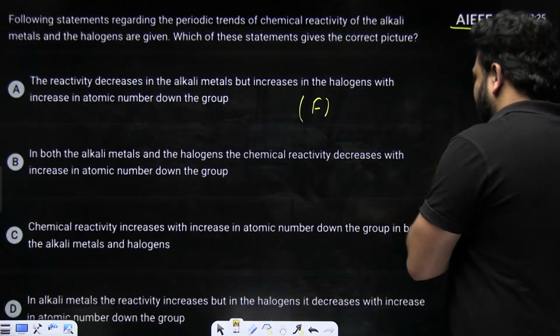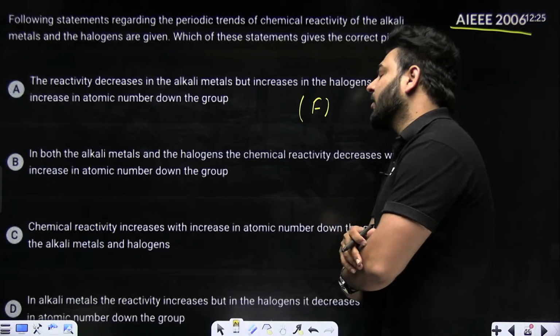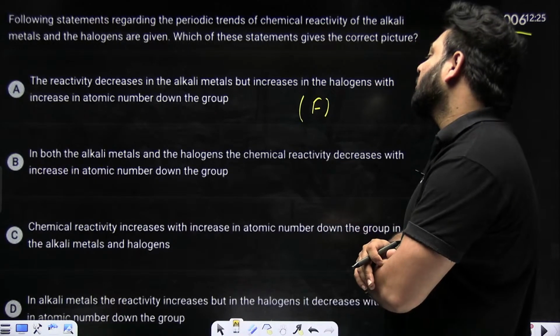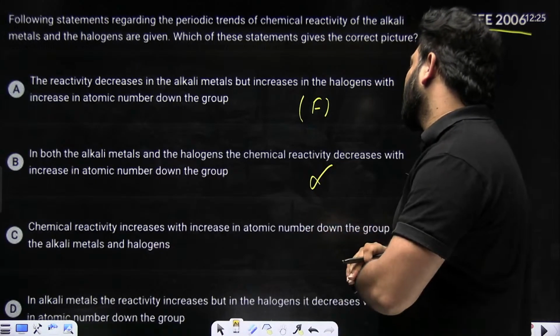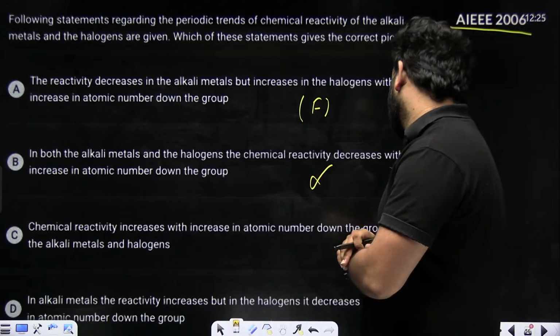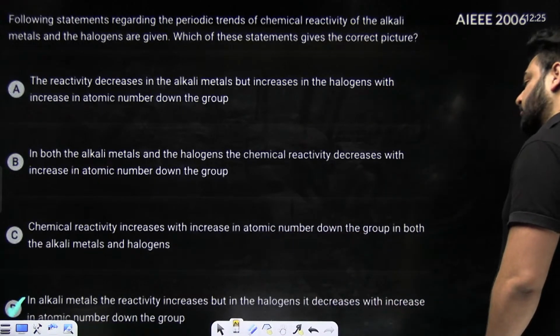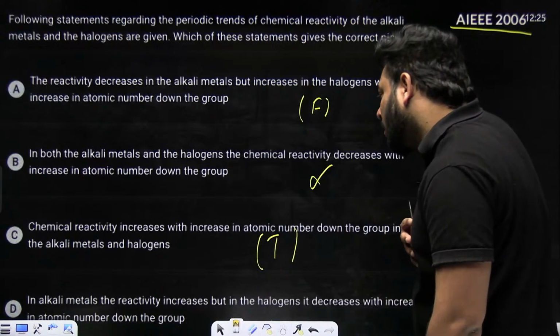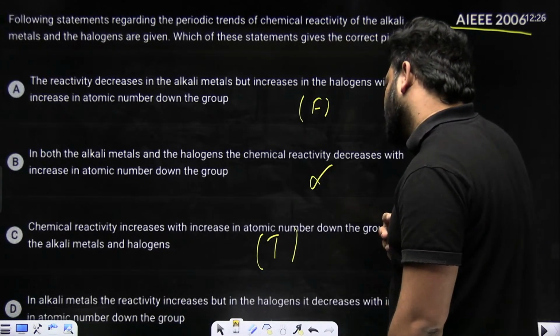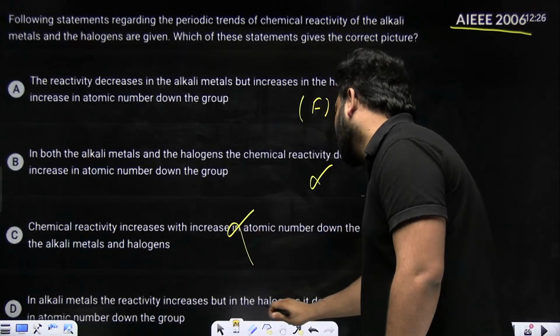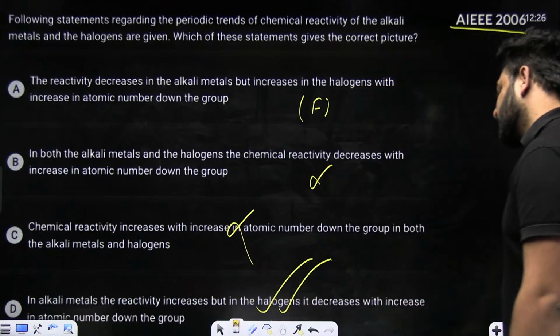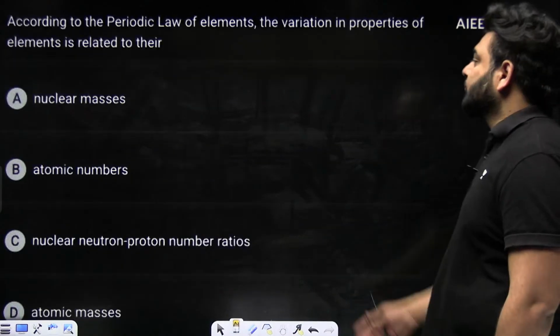Electronegativity will decrease for non-metals. So for both alkali metals, this is wrong. Chemical reactivity increases and decreases. This is true. C is the correct answer. No, increases and decreases should come. D is correct. Next question.